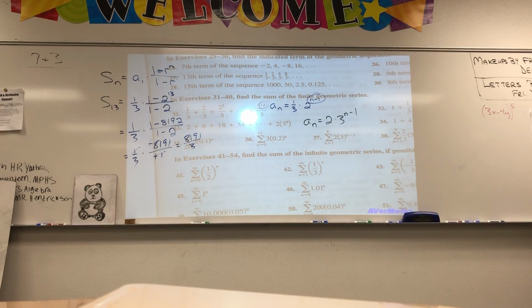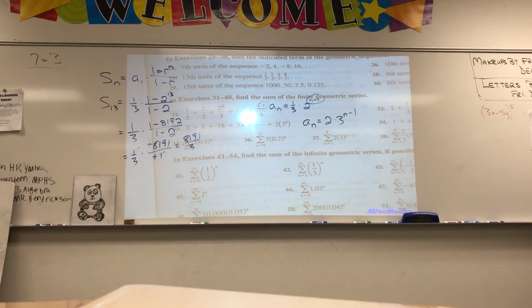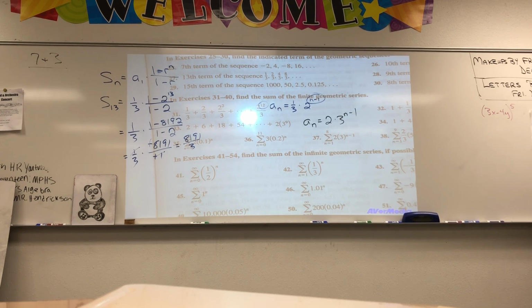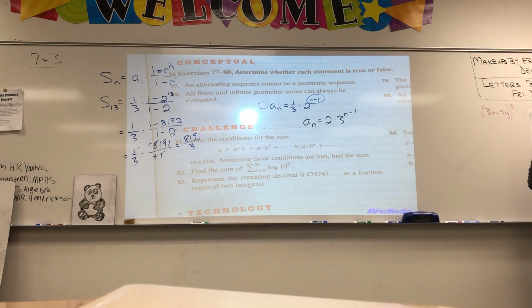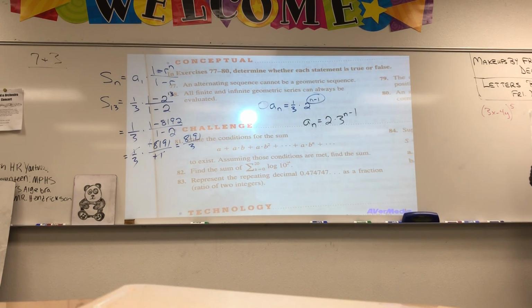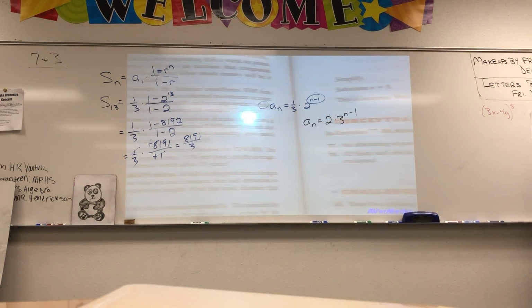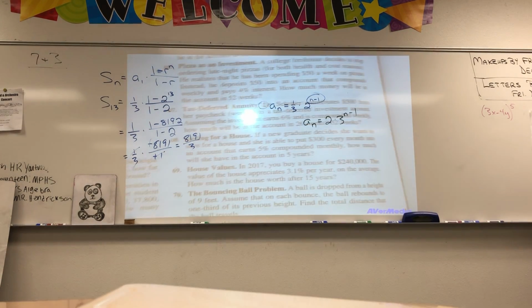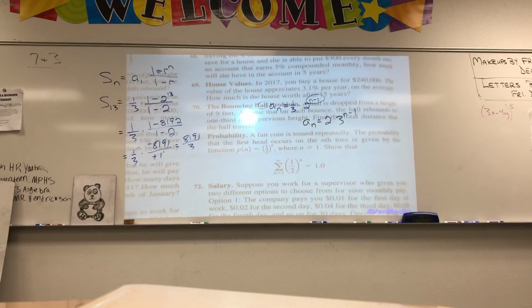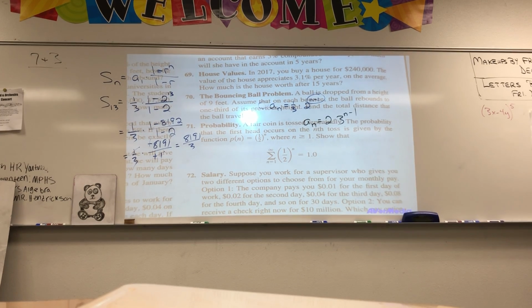Can you do number 63? Oh wait, not 63, 69. I don't know. I didn't write it down. I just circled it because I knew I didn't understand. Ah, yes. I know where we're going with this one.